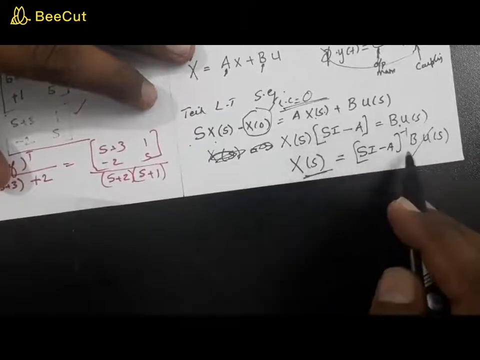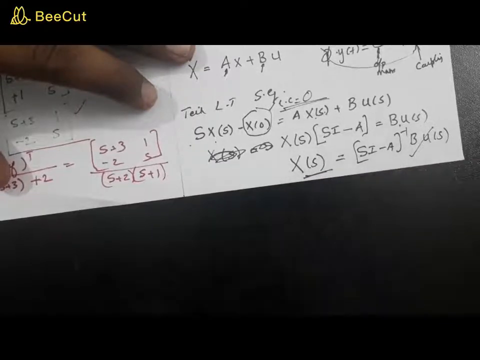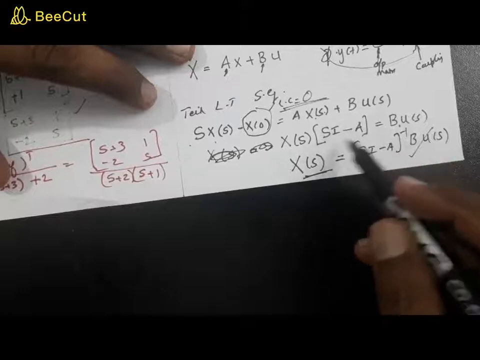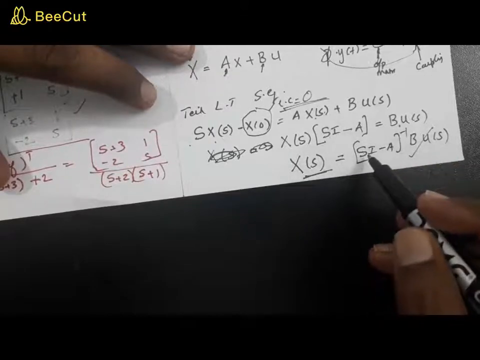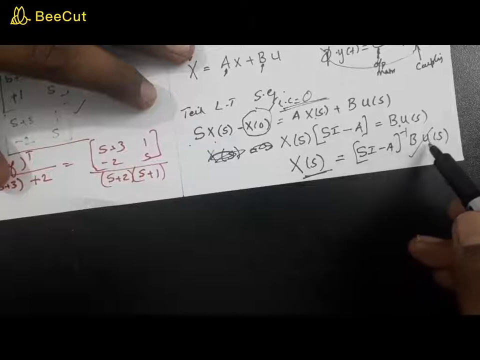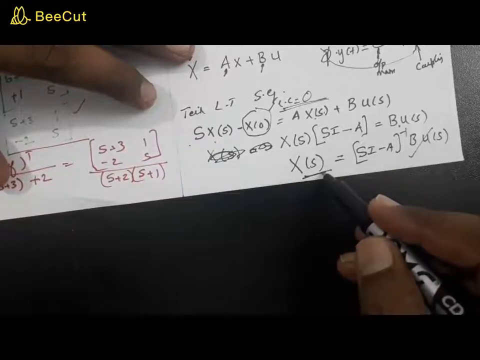Or bringing this to the other side, this becomes the inverse. Since it is a matrix, when it comes to this side, this matrix becomes (sI - A) inverse B into U(s), that is your X(s).